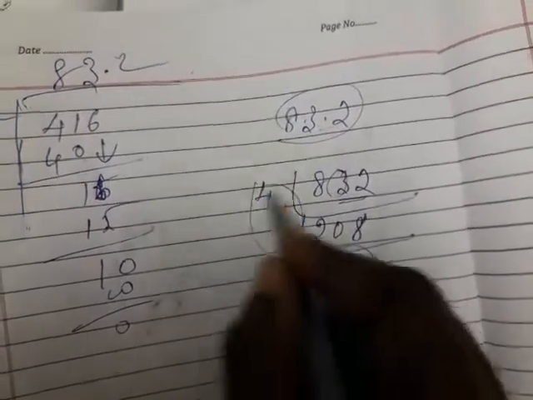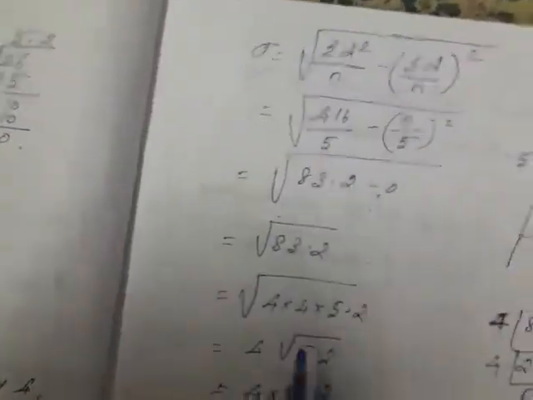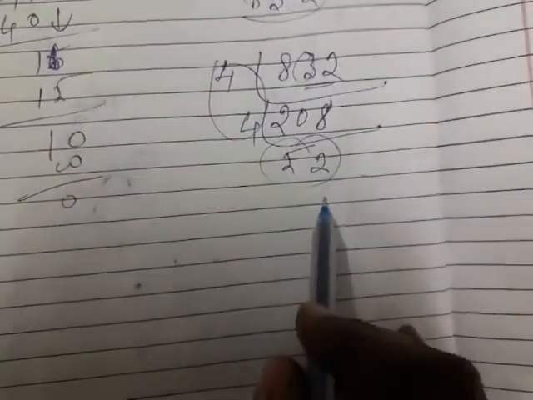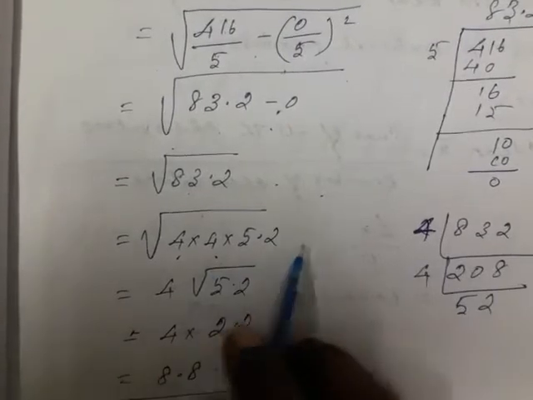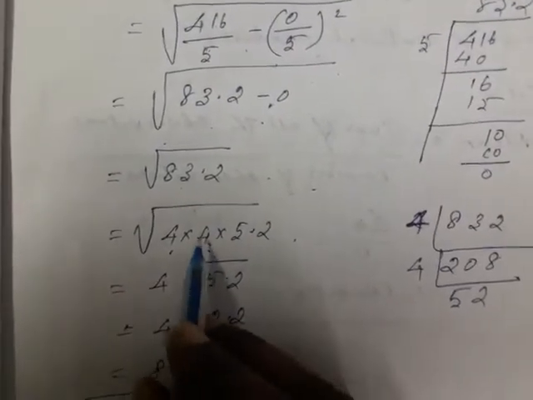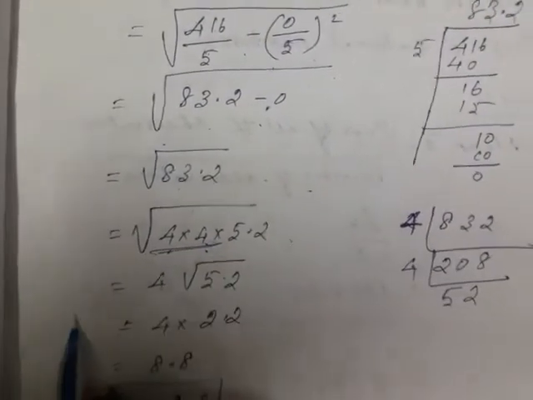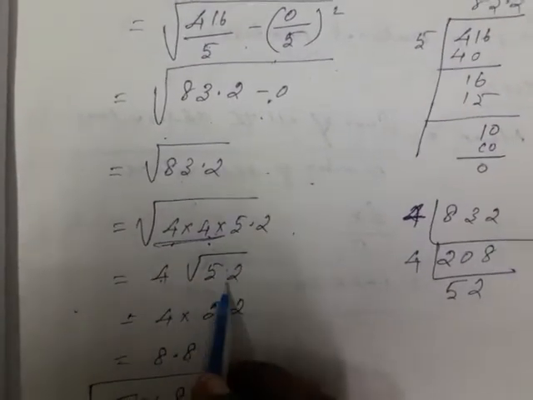So now write this as root of 4 into 4 into 5.2, putting the dot here. Take one 4 outside: 4 root of 5.2.